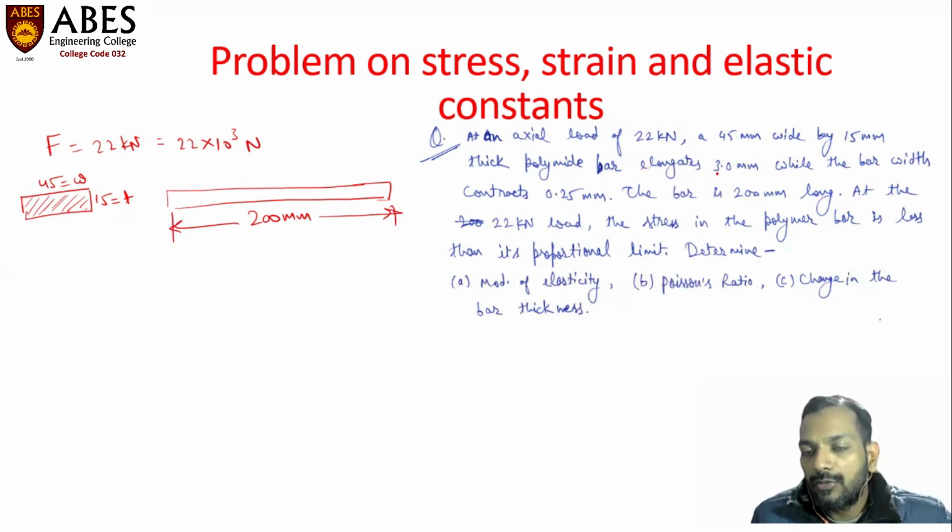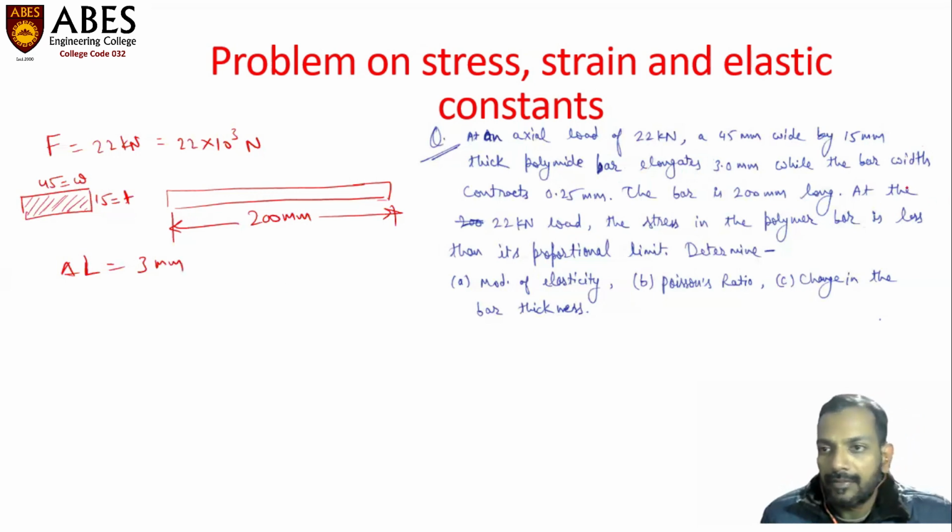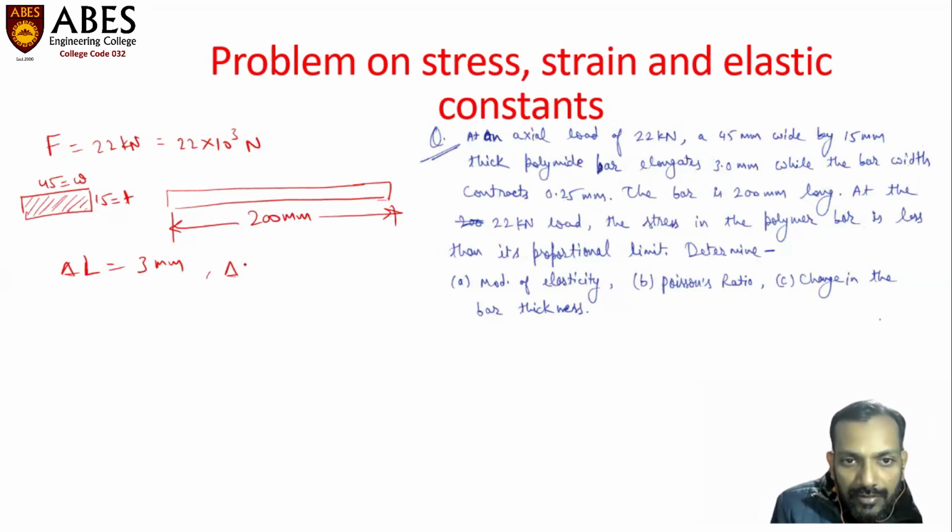Bar elongates 3 millimeter. So change in length is equal to 3 millimeter. Bar width contracts 0.25 millimeter. So change in width is equal to 0.25 millimeter.